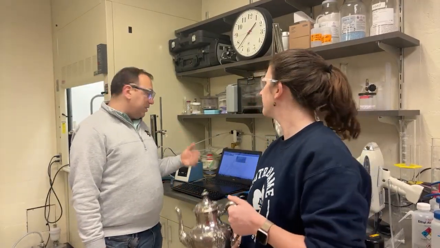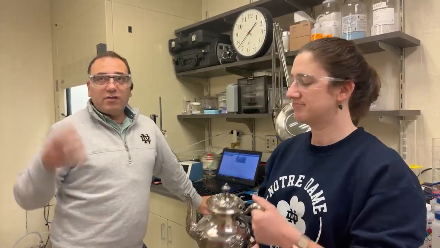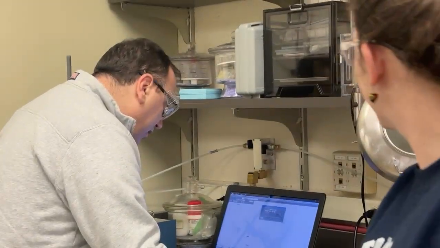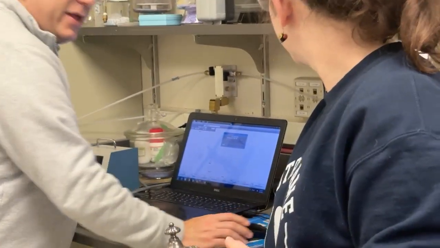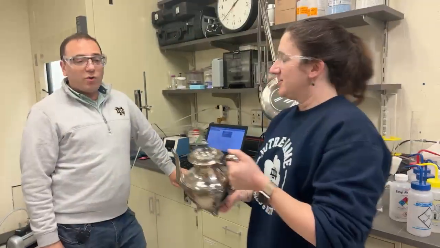We won't be able to see oxygen, but we don't see much chlorine here. Chlorine is another corrosion product of silver; it captures chlorine from the air, and sulfur usually gets in there, so we can quickly check if the sulfur is here. A tiny amount of sulfur, yes, which is normal.